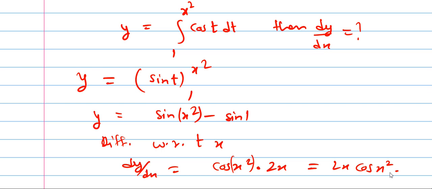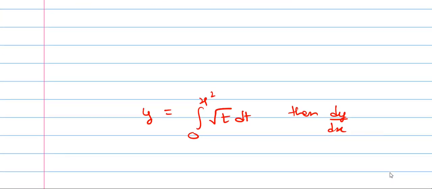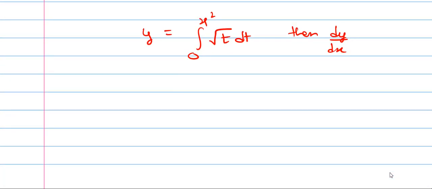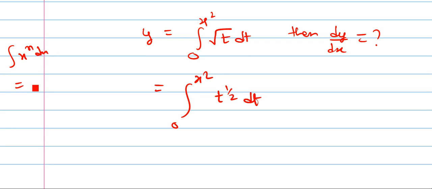This is the answer. Next question, y equal to integration 0 to x square under root t dt. Then what is dy by dx? Okay, so this can be written as integration 0 to x square t raised to 1 by 2 dt. So we know that integration x raised to n dx is x raised to n plus 1 upon n plus 1.